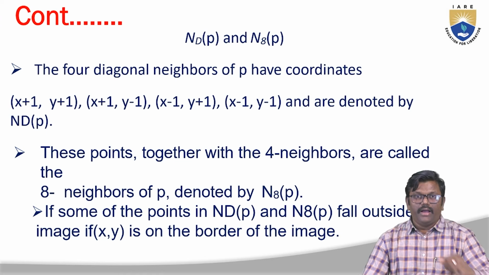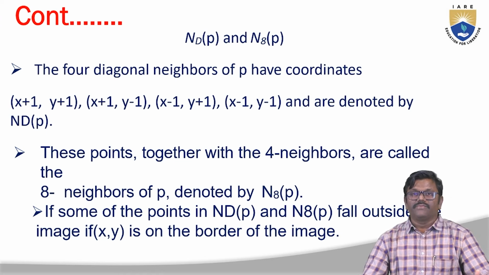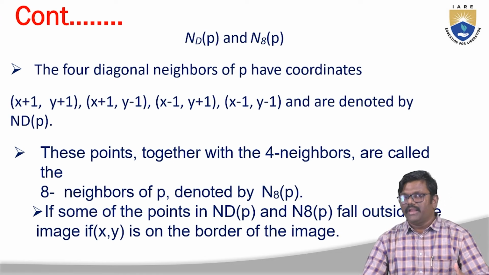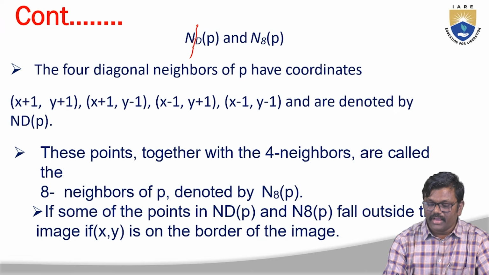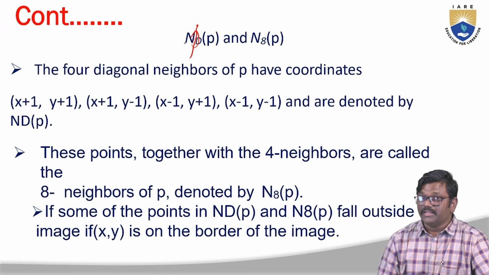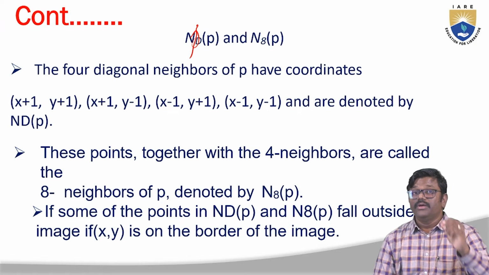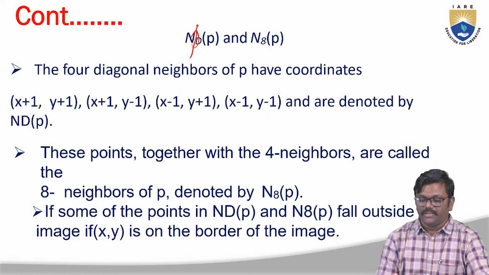Now, I'm repeating once again in terms of continuation. Once we understand how to define such pixels of the image, for example, here D. What is the D? D is the dimension of the pixel which helps us find out the location and value of the neighbors of a pixel. That is 4.